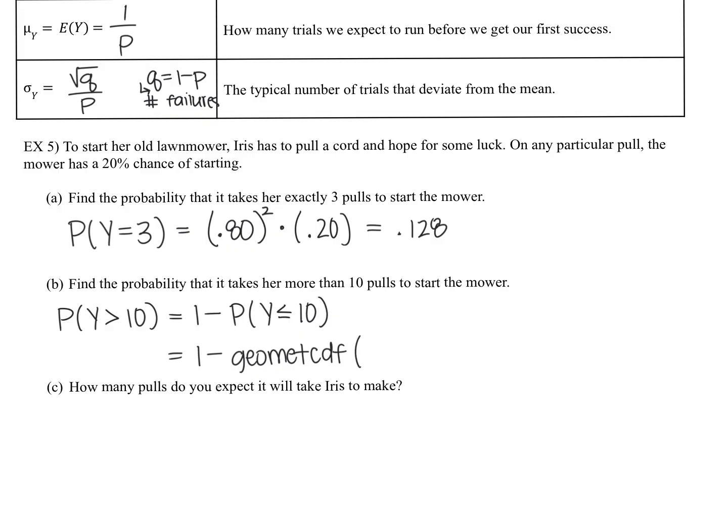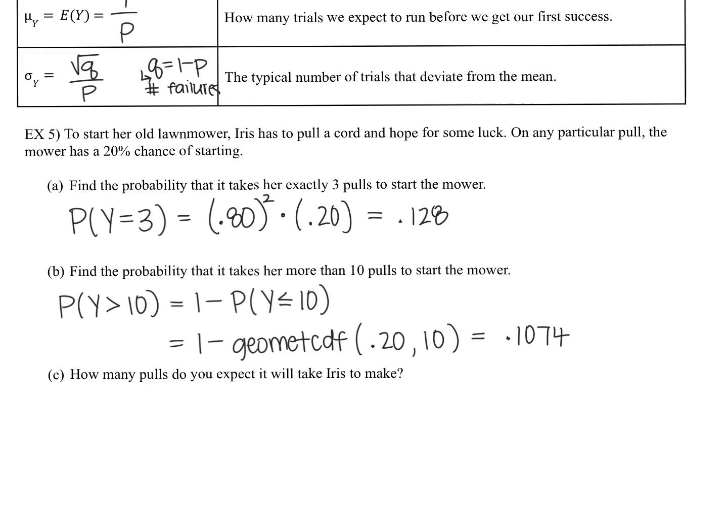So your P is 0.20, and then you would do comma 10 for K. And we're going to get 0.1074. So about 11% chance that it takes more than 10 pulls.